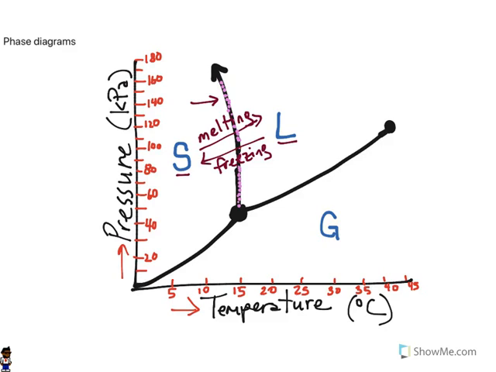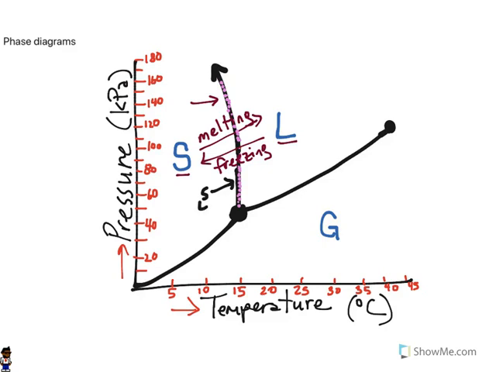Have you ever seen an ice cube melt? Does it go straight from solid and then immediately straight to liquid? No, it doesn't. What that means is it's existing at a point where it can exist as both solid and liquid. So any point that's on the curve, the substance can actually exist as both a solid and a liquid.